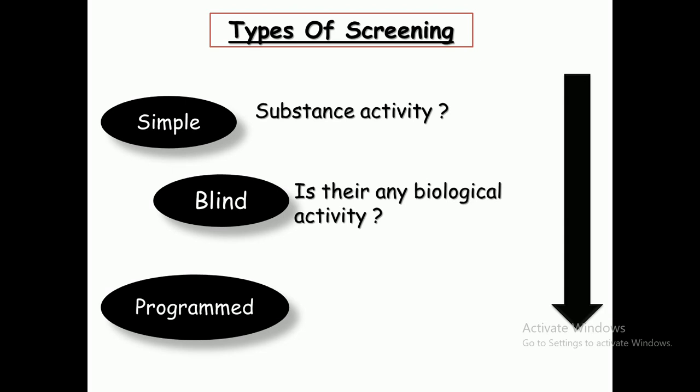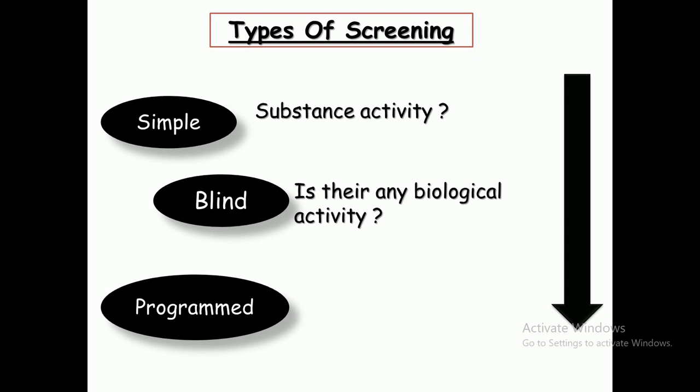So we will not entertain that drug and will not proceed further in the drug development process. Another point is that by using blind screening, we can point out the most potent chemicals with interesting pharmacological activity.